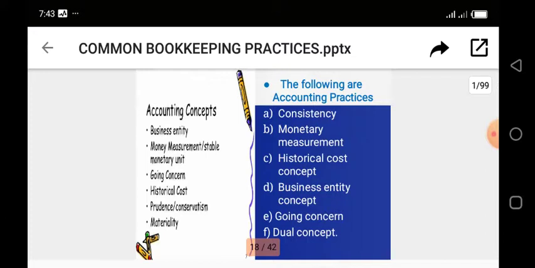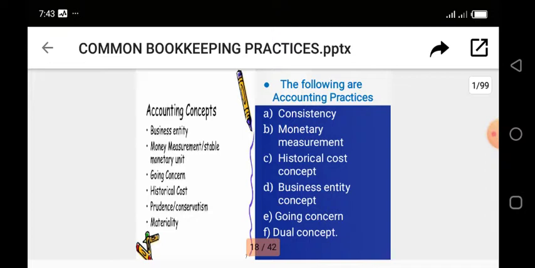The first one is consistency. The second is monetary measurement. The third is historical cost concept. The fourth is business entity concept. The fifth is going concern. And the sixth is dual concept.